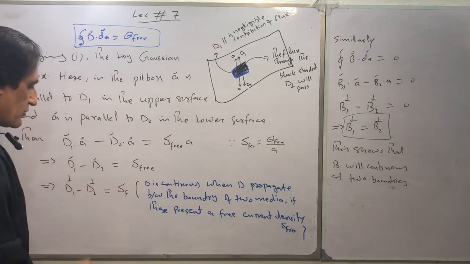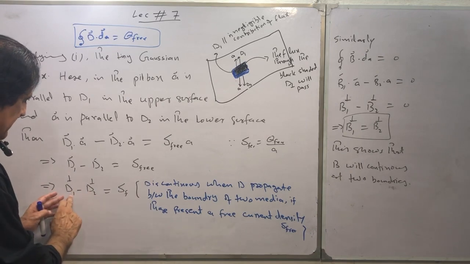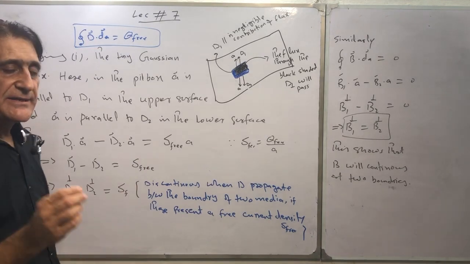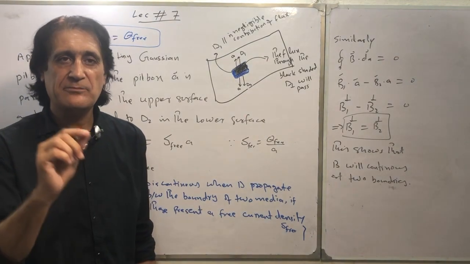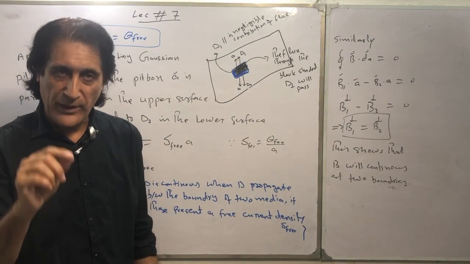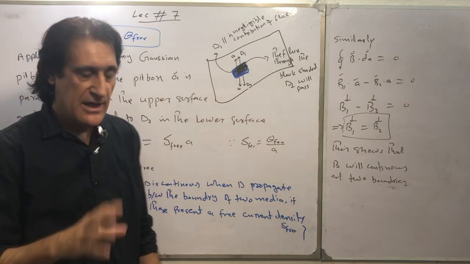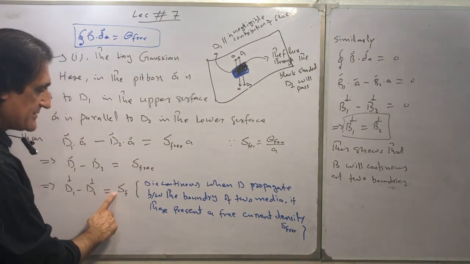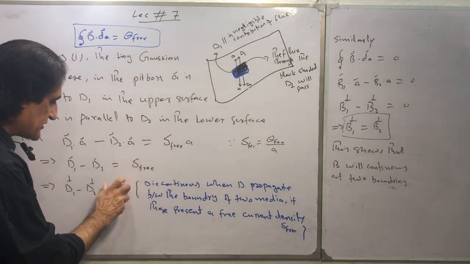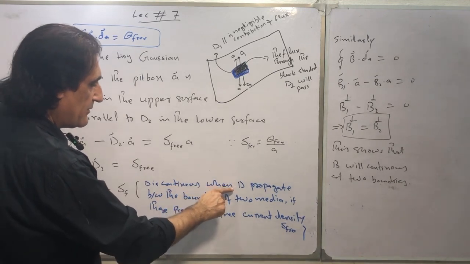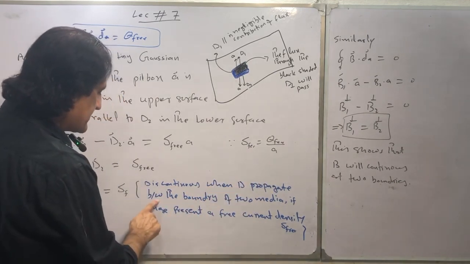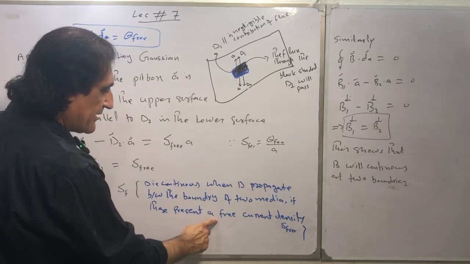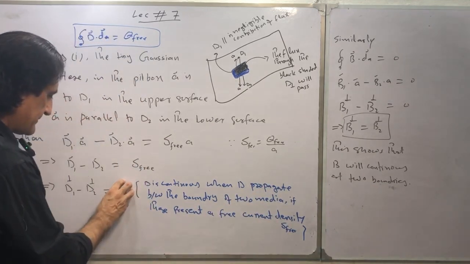This is not equal to 0, so D1 perpendicular is not equal to D2 perpendicular. There is some charge density, and due to this charge density, D is discontinuous when it propagates across the boundary of two media if there is a free charge density.